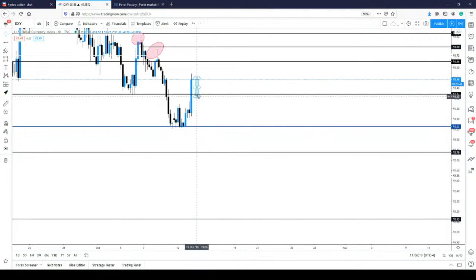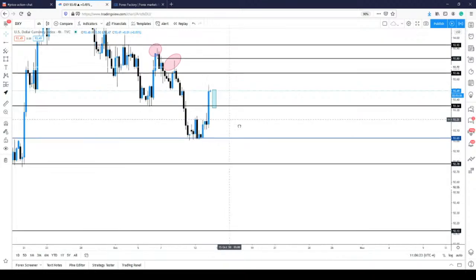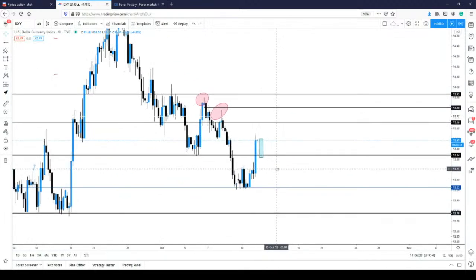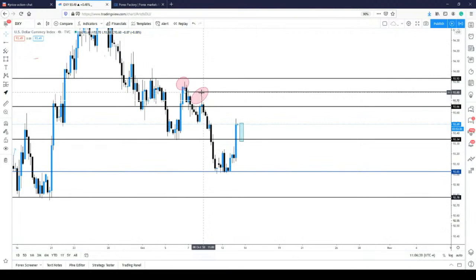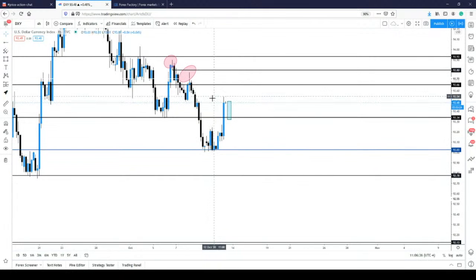And then at that point, we can take advantage of a weaker dollar and shift that onto the majors and minors. So that's what I see. After some considerable analysis, I don't think these highs are in danger of being run. I think this is just a pullback, maybe some manipulation before price heads down lower. So watch out for 93.34 for the dollar index.